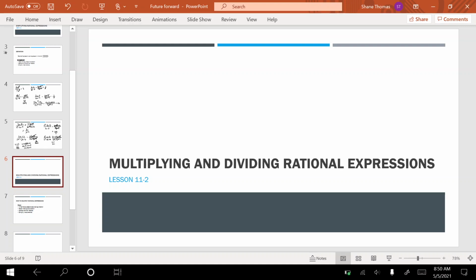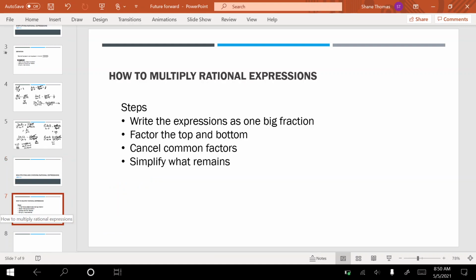So this is what you need to do for multiplying and dividing. Start with multiplication. How to multiply rational expressions. Actually, I want to put this step first.